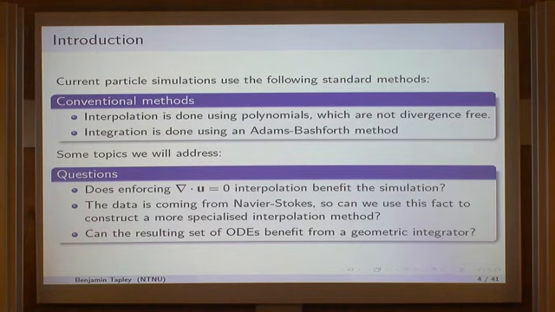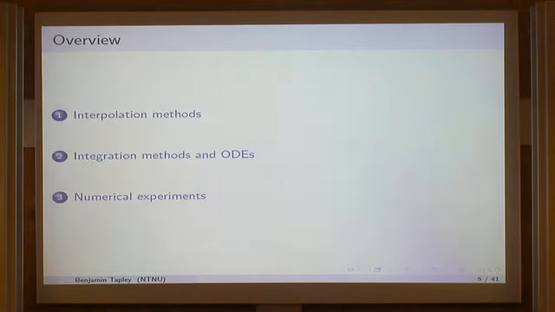So can we design a more specialized interpolation method with this information? Polynomial interpolation is just a stock standard method. You can apply it to any vector field, but we've got some extra information, so can we exploit that to our advantage? And lastly, can the resulting set of ODEs benefit from a more geometric treatment?